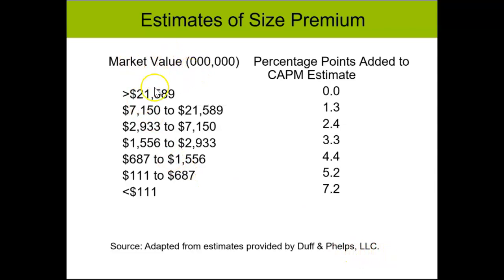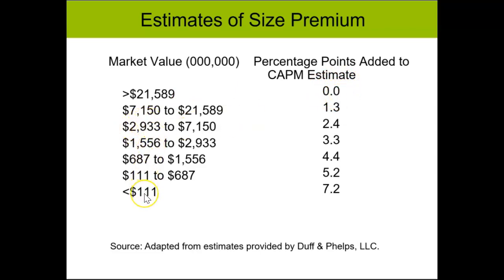If the market value is greater than $21 billion, the percentage points added to the CAPM estimate is 0. That means if it is a larger firm, we don't have to add any percentage points to the premium.